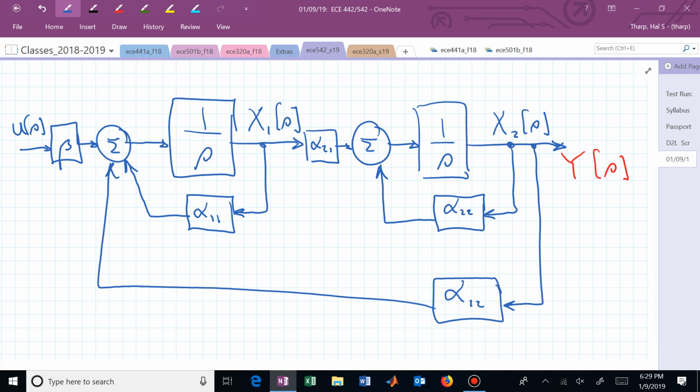This is now a block diagram in the frequency domain of the same circuit. And if you know block diagram algebra, you can find the transfer function between u of s and y of s. And that would now give you a g of s.